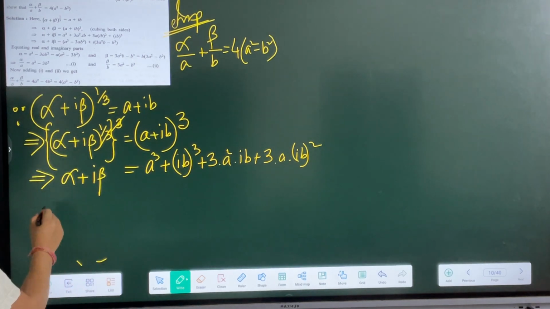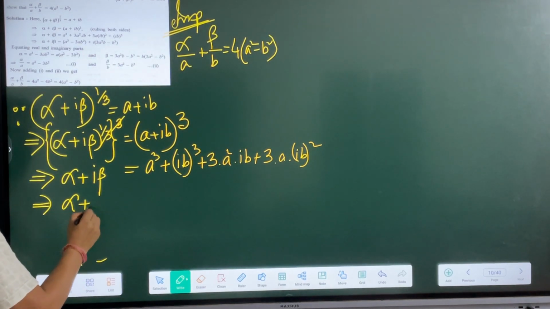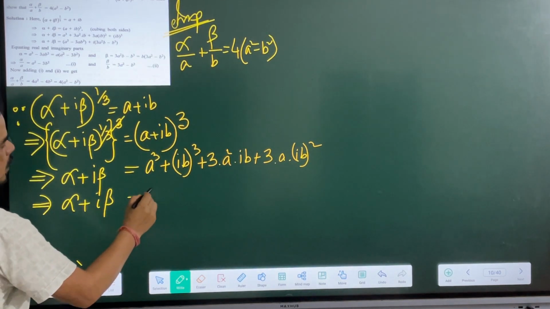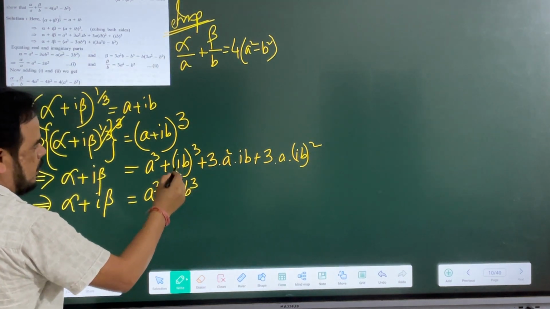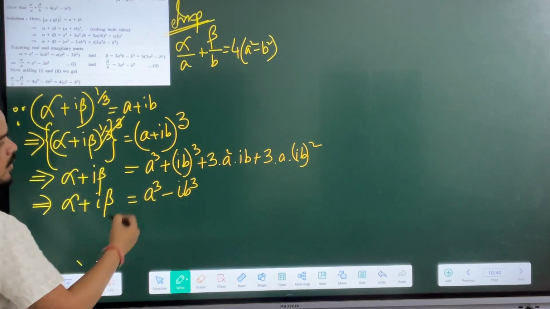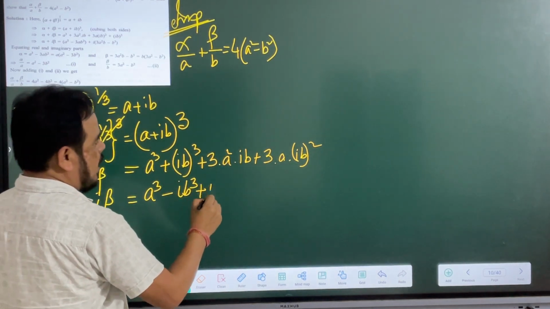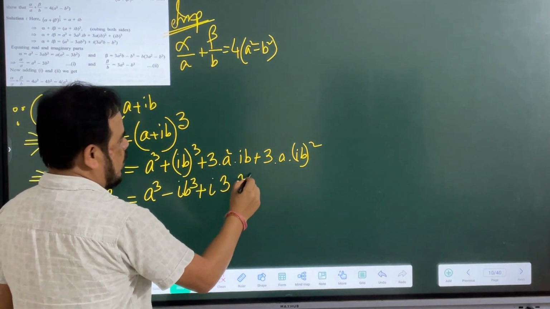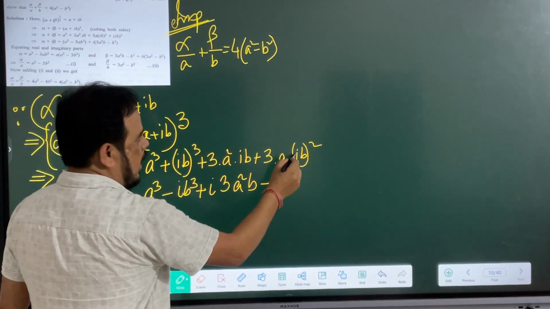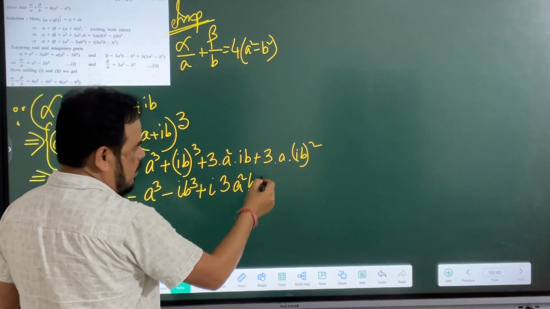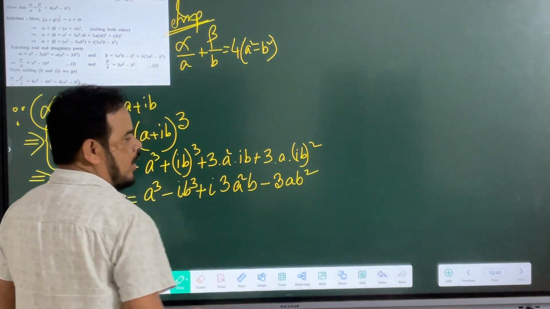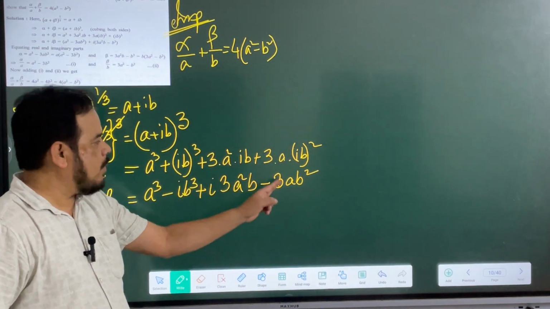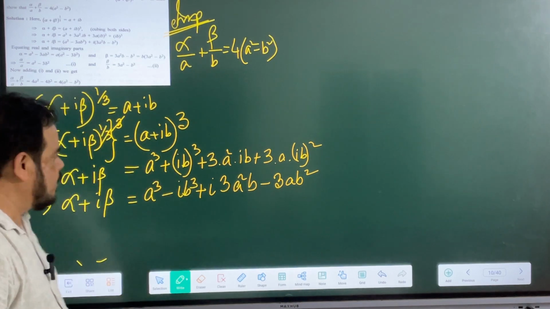So alpha plus i beta equals a cube minus i b cube, since i cube is minus i, we know that. Plus i 3a square b, and i square is minus 1, so I have written directly minus 3ab square. I square is minus 1, so plus times minus gives minus.